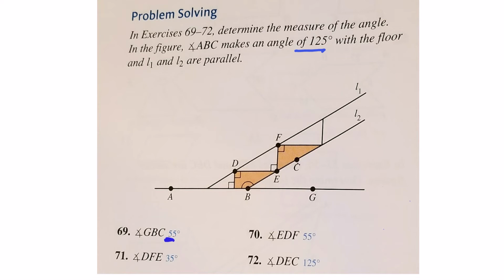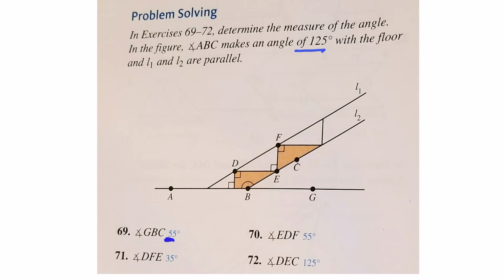If you think about it, here are two parallel lines, and if we extended them out, this is a transversal. And then we have this line, or segment, which forms 90-degree angles, which gives us some right triangles.